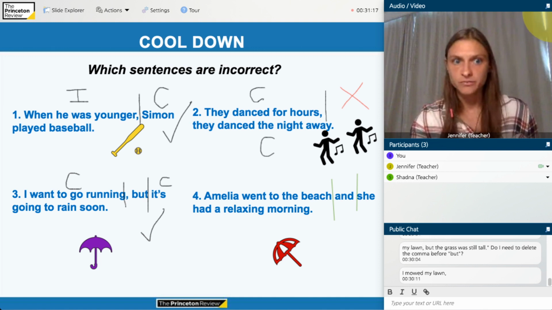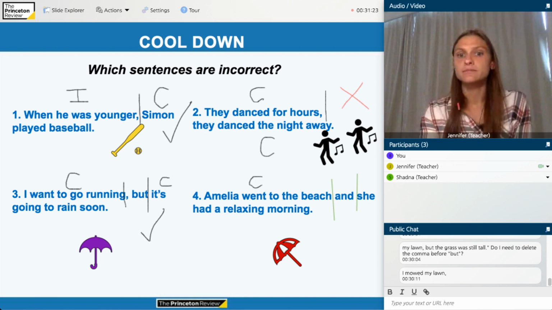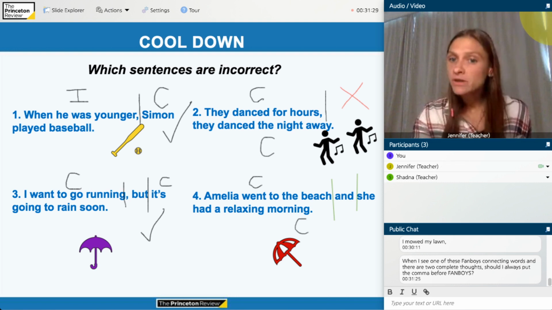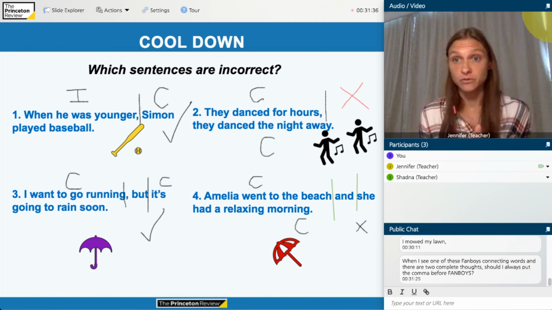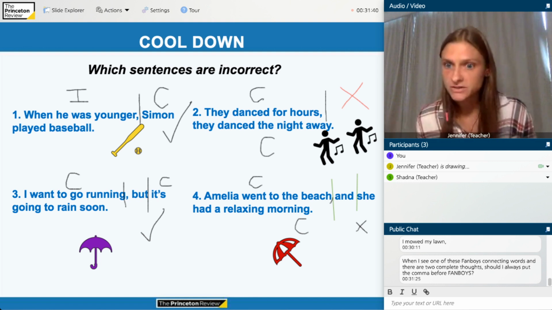That is complete, right? That can stand on its own. She had a relaxing morning. That is also complete. So number 4 is going to be incorrect because we're missing the comma with the fanboy. We've got two complete ideas and there's no comma before the fanboy. So we would have to do comma and to make it correct.